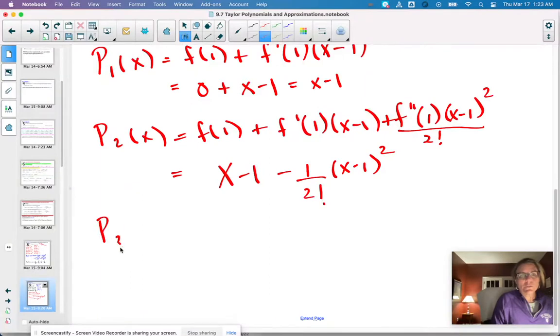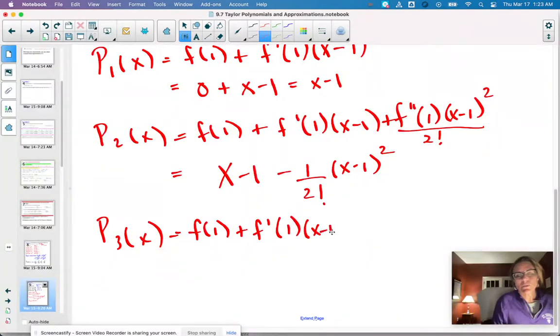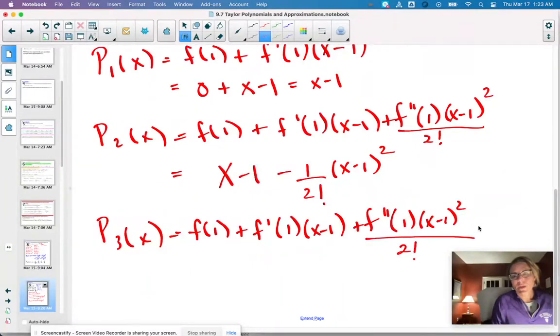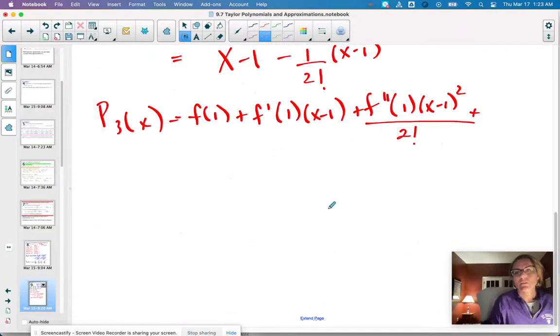All right, the third degree is going to be, and I'm doing a bunch of these just so that you start to feel comfortable with this. Oh, you know what? That's not going to let me write over there, so I'm going to have to write down here. Third derivative, x minus 1 to the third over 3 factorial.